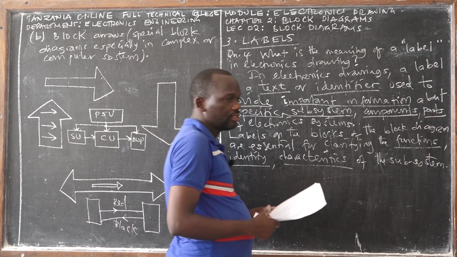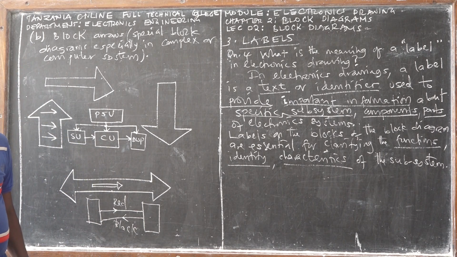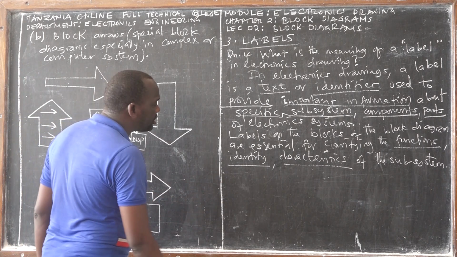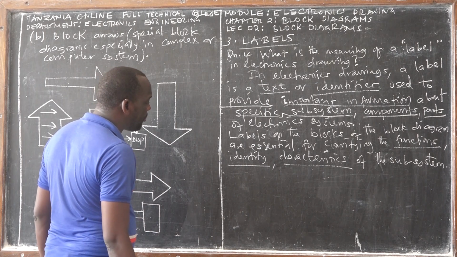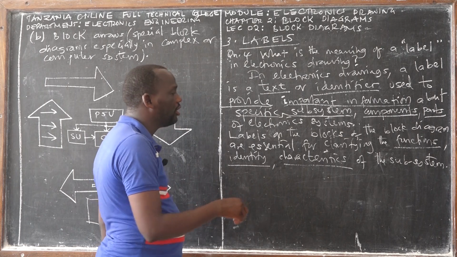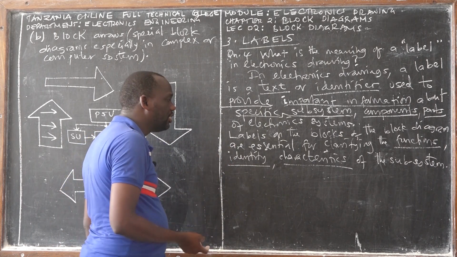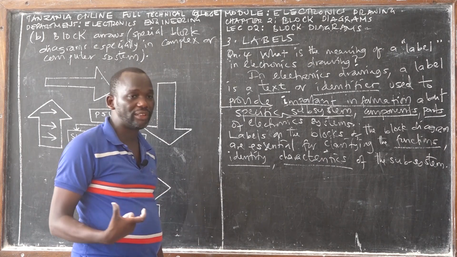So this is another important sentence also. Say labels. Labels on the blocks of block diagrams are essential for clarifying the function of that block, or for identity, so that it can help you to identify or to know the characteristics of that subsystem.